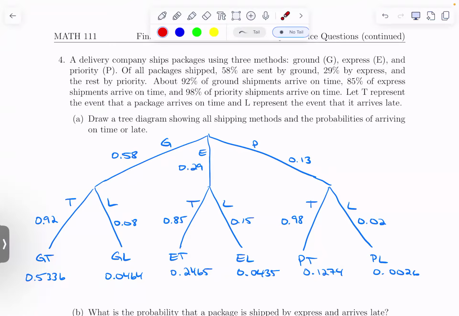Then the clue is that about 92% of the ground shipments, and so that's conditional on it being a ground shipment. That's why it has to follow the ground shipment. And so that's the clue.